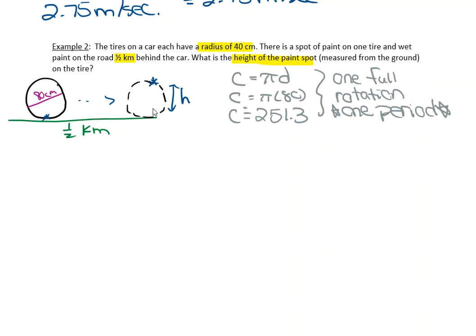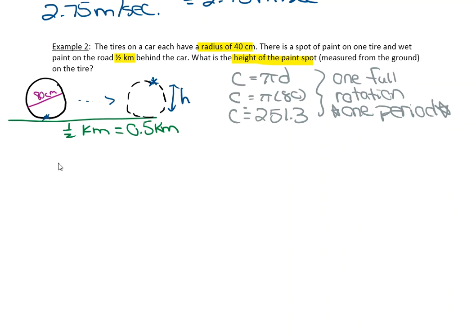Now here we have to look at our units, because I said half a kilometer, but I also said 251.3 centimeters. So let's put half a kilometer into centimeters. Half a kilometer into centimeters, what is that? So half a kilometer, written like that, how many times do I have to move the decimal?